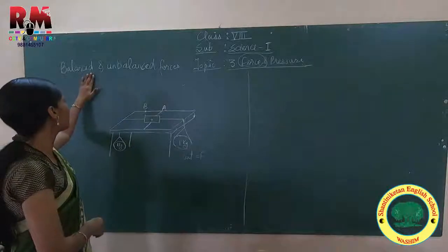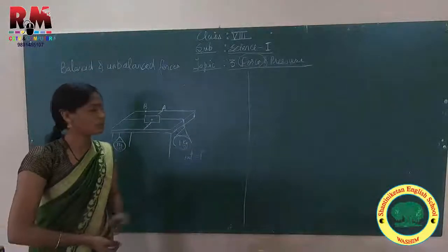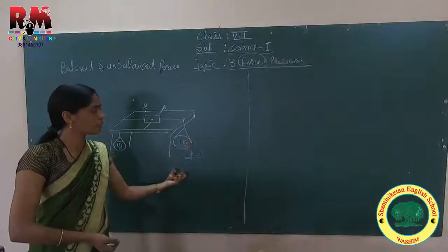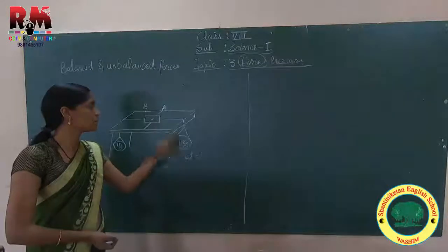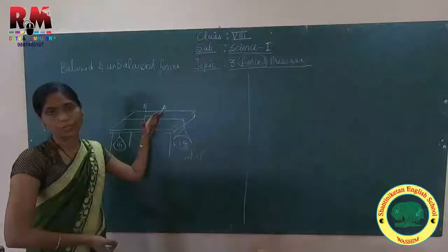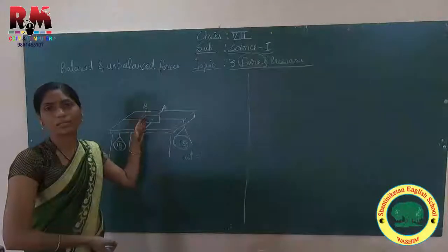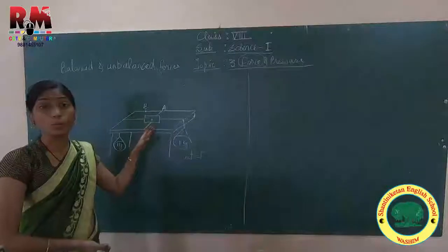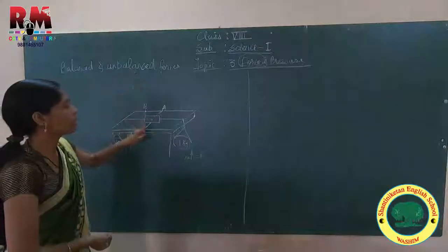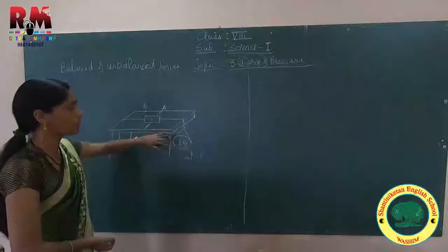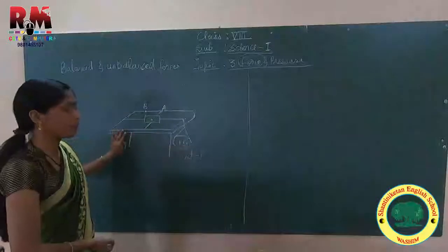Here we want to check whether the force is balanced or unbalanced. Here due to gravitational force, this object is being pulled this side. When it is being pulled this side, what will happen? It will shift its position, or I can say it will change its position, or it will move. So this effect tells us that we have unbalanced force when only 1 kg of force we are applying.